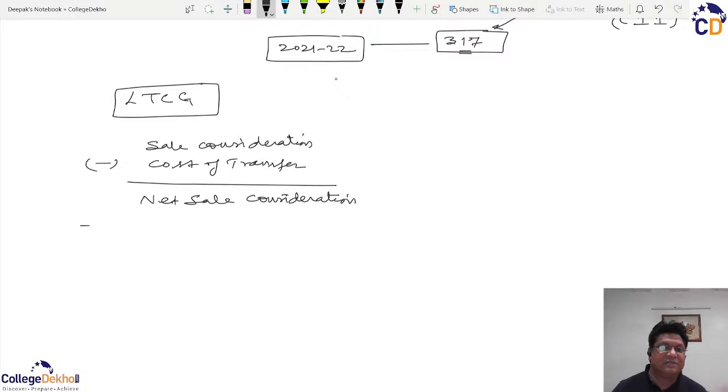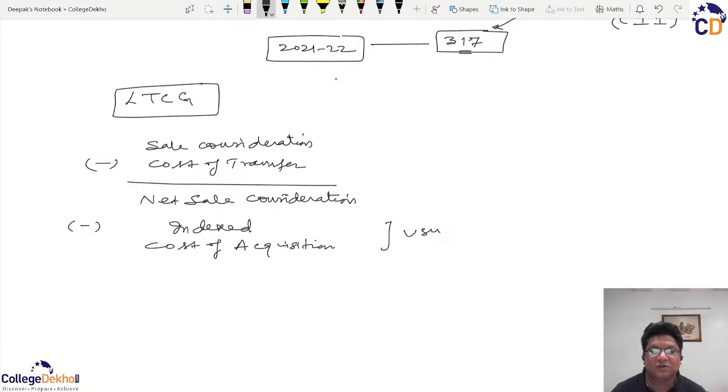And out of this net sale consideration, we will deduct the cost of acquisition as it is if it was a short term asset. But because it is a long term asset, to incorporate the increase in the equivalent value of the rupee, we will index it, and therefore the indexed cost of acquisition using the CII of the previous year of acquisition and the previous year of transfer. How that will be done will be discussed thereafter.